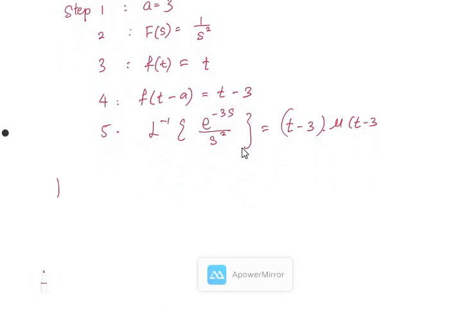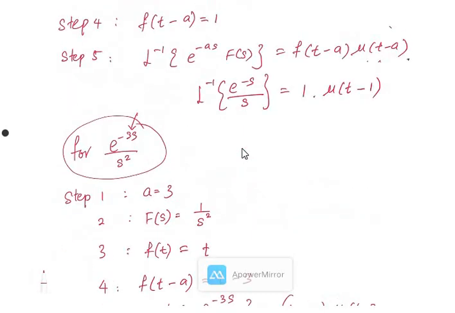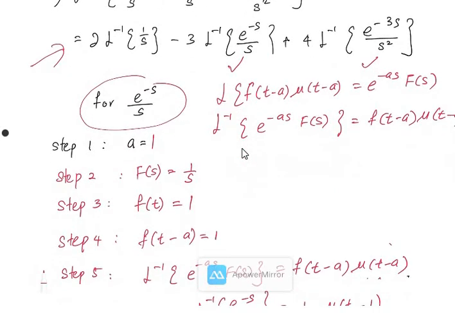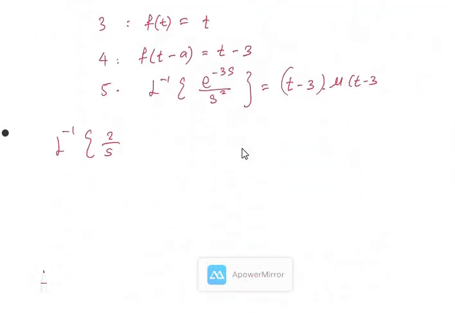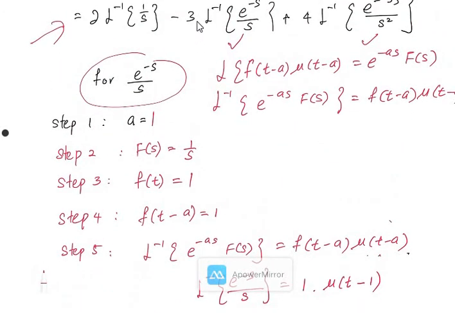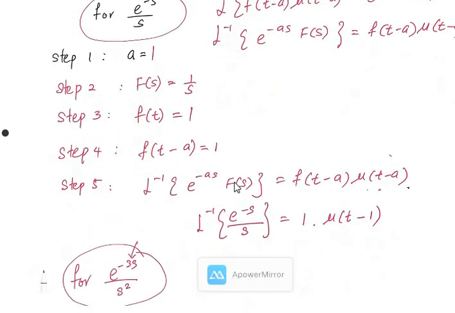So here we can conclude the inverse Laplace transform of 2 over s, which is obtained from the question. Because now we have settled this one, we can put it in place. So 2 over s, minus 3 times the inverse of this one, we obtain 1 unit step t minus 1.